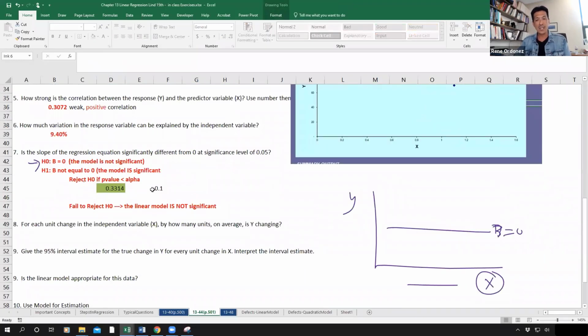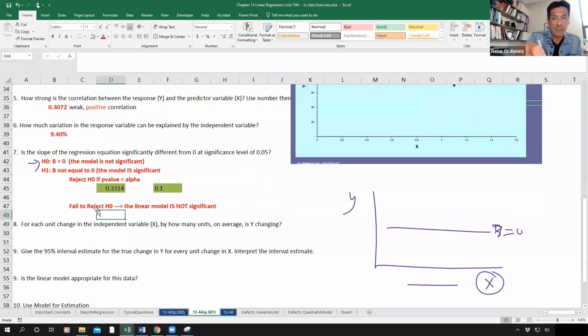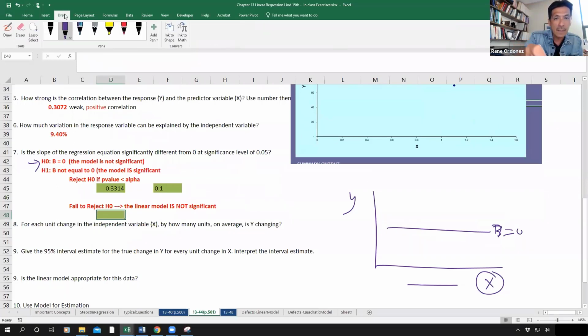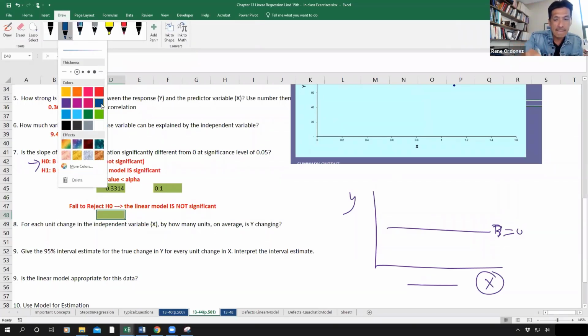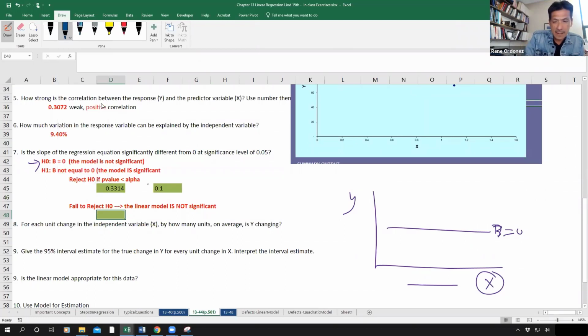And compared to a significance level of 0.1, this relationship is not true. It's false, right?